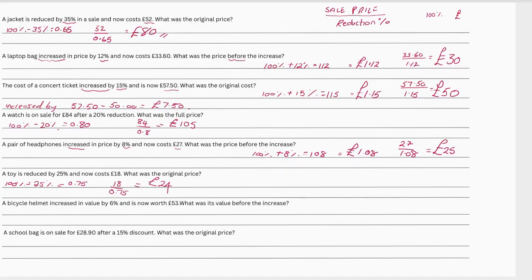A bicycle helmet increased in value by 6% and is now worth £53. What was its value before the increase?